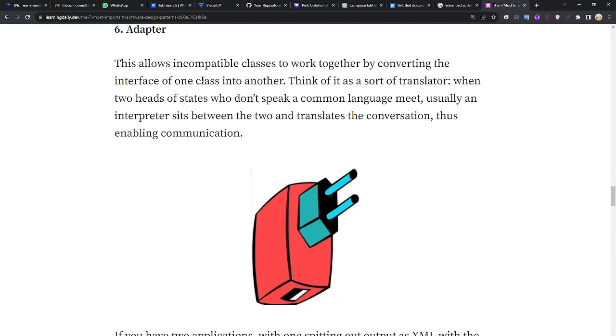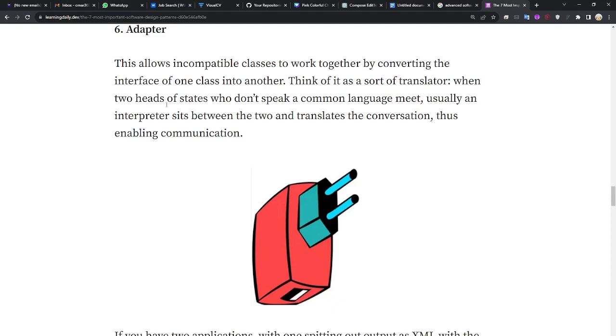والادابتر باترن, this allows incompatible classes, بيخلي اتنين classes incompatible غير متوافقين مع بعض to work together, ان هما يشتغلوا مع بعض, by converting the interface of one class into another. Think of it as a sort of translator, كأنه ايه مترجم.